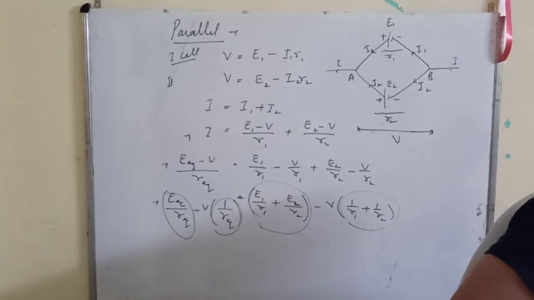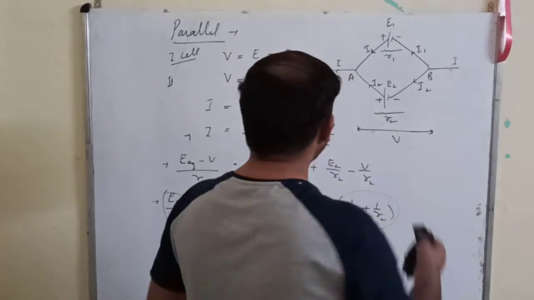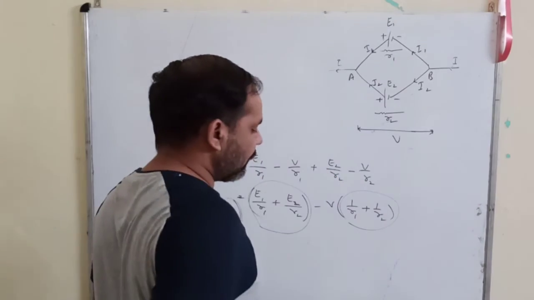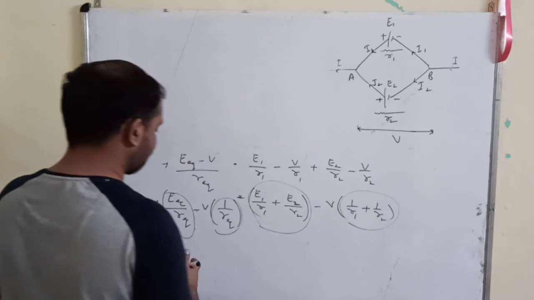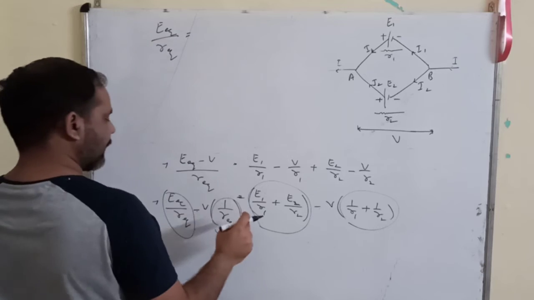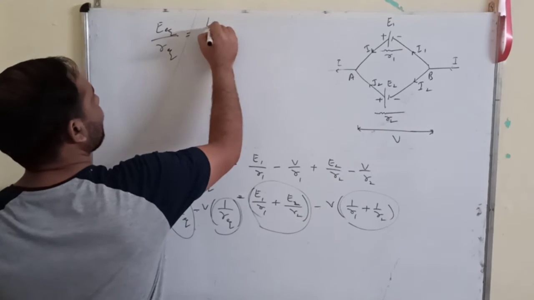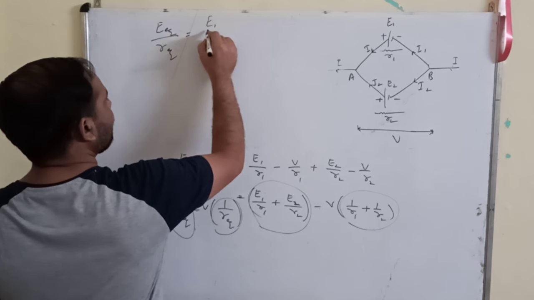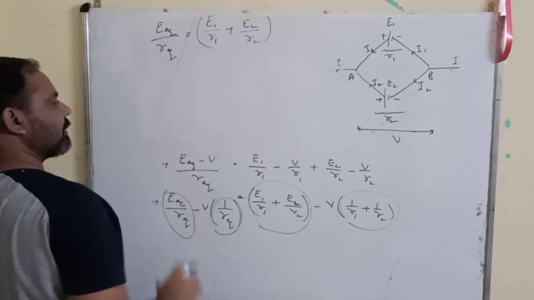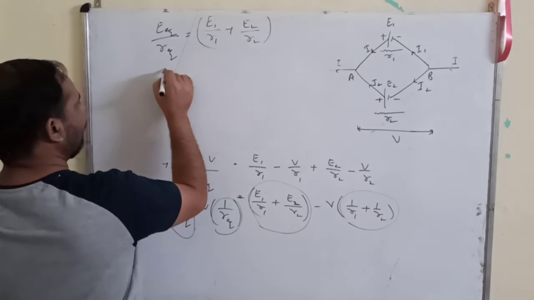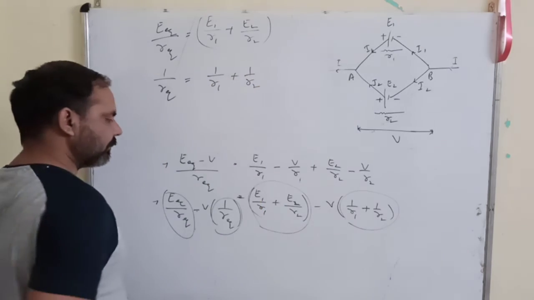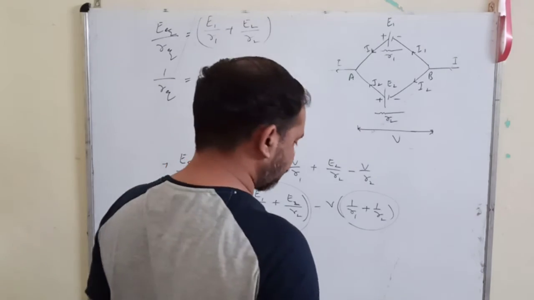So now when we compare them, what we get is E equivalent upon R equivalent is equal to E1 upon R1 plus E2 upon R2, and 1 upon R equivalent is equal to 1 upon R1 plus 1 upon R2.